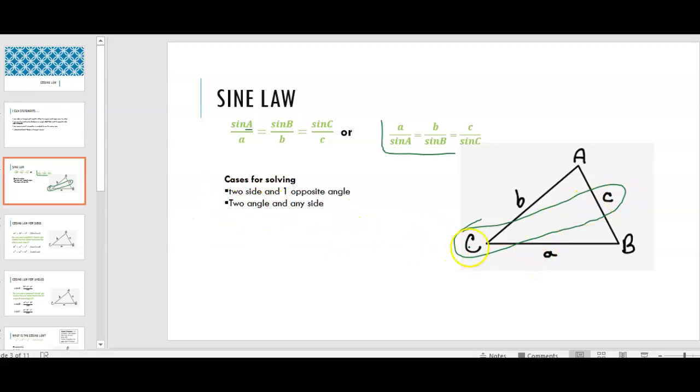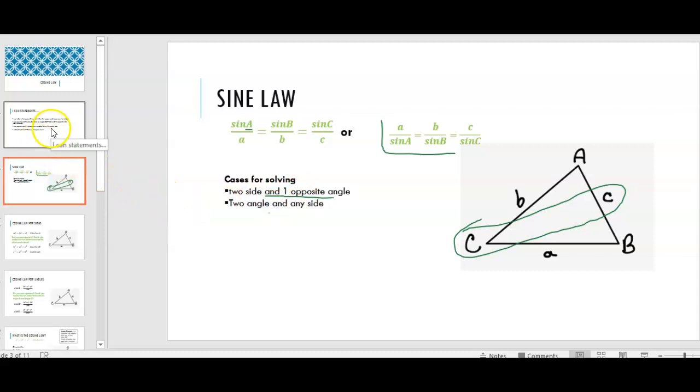Another condition which satisfies the one that we just said here, but if you have two angles and any side, or two sides and one angle that is opposite one of the sides, this is crucial here, that the angle that is given when you have two sides must be opposite of one of the sides that is given. And as we introduce cosine law, you will understand why that is important.